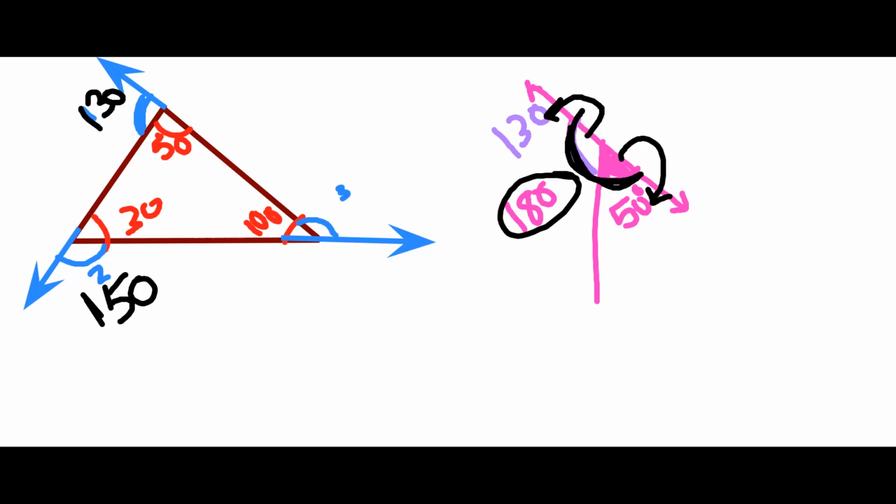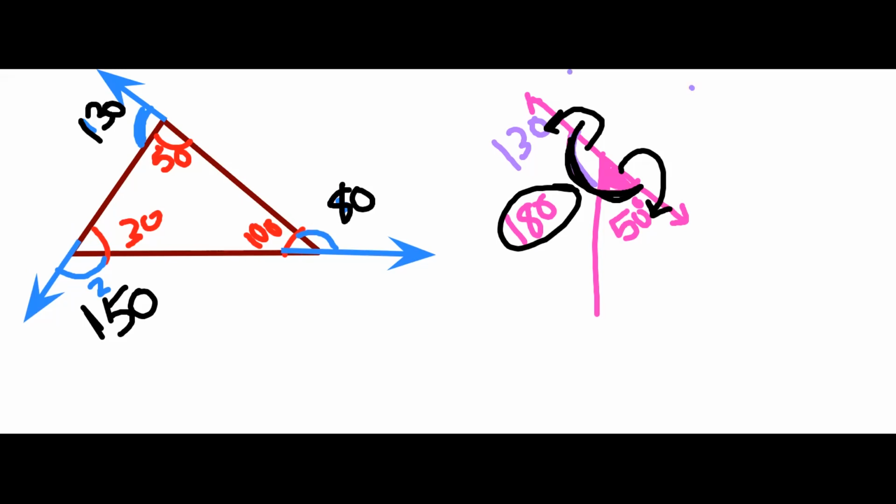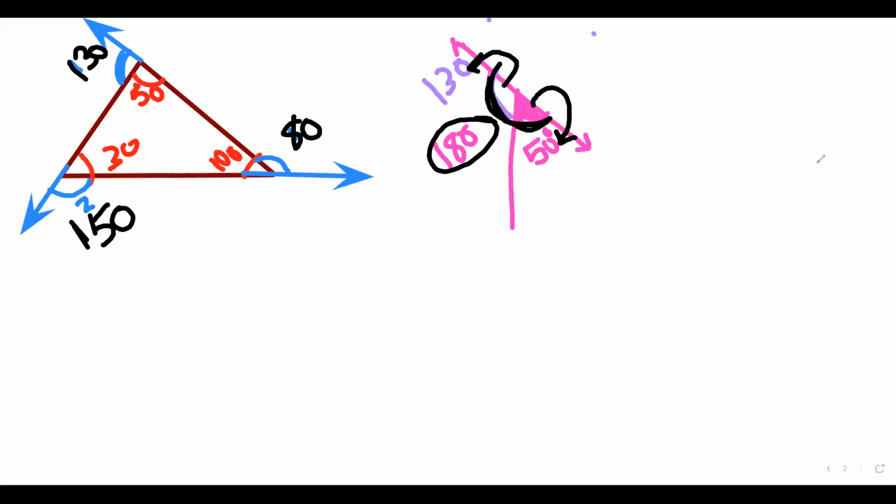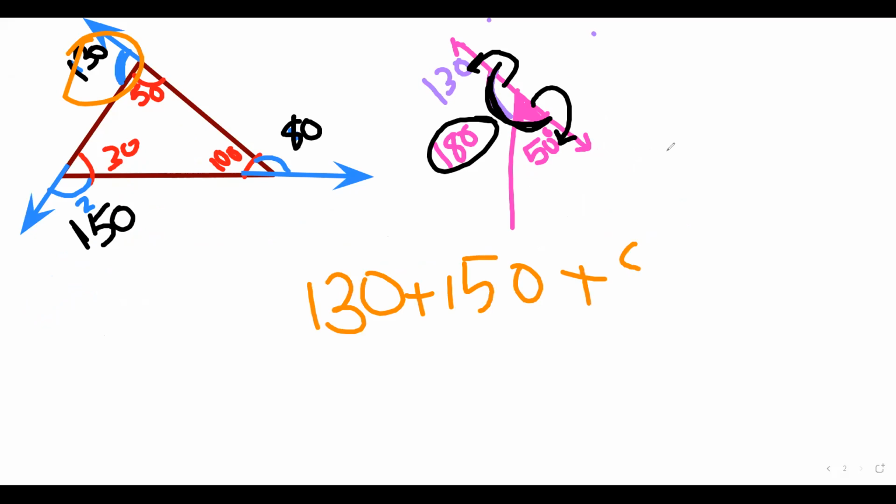And if this is 100, what is the measure of angle 3? 80. 180 minus 100. Bravo. Then the formula tells me now, if you add 130 plus 150 plus 80, when you add them, what will you get?